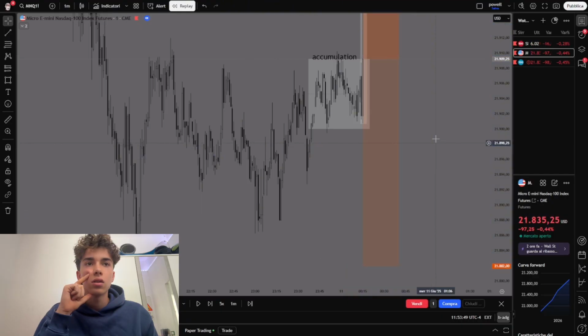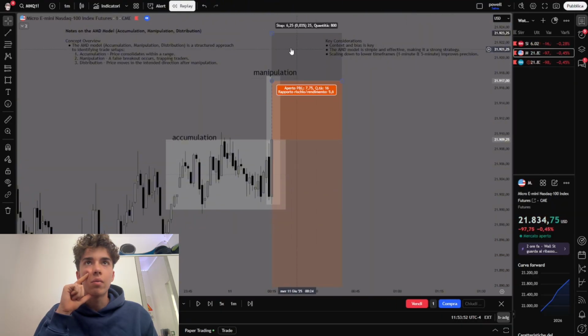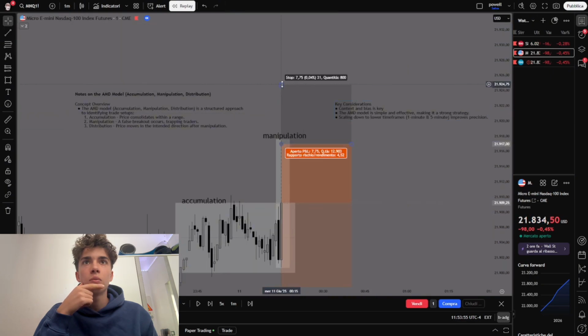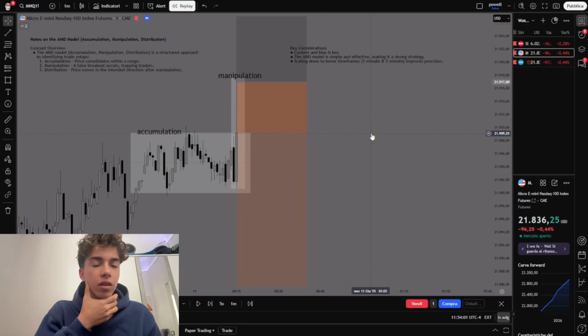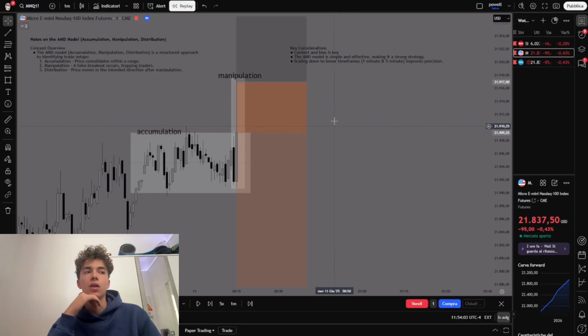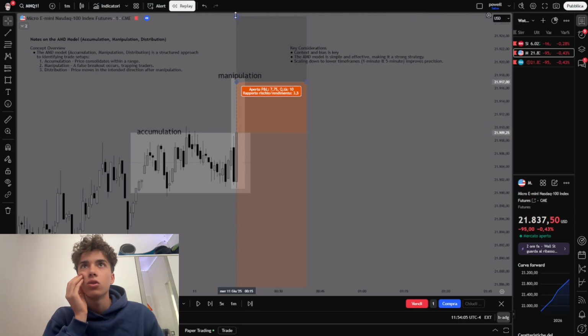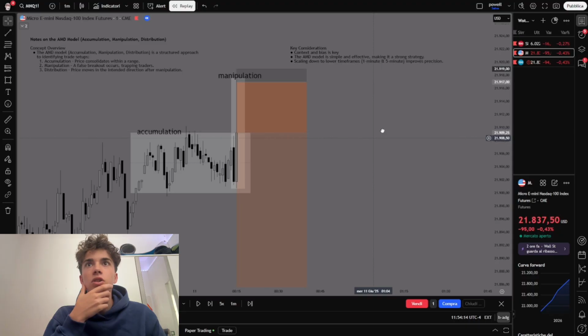Okay, so let's see how it went. The stop loss, as always, is a 10-point stop. It's a good stop loss, but with this model that is really simple but effective, you can do a 5-point or sometimes even a 2-point stop if you want better risk rewards.